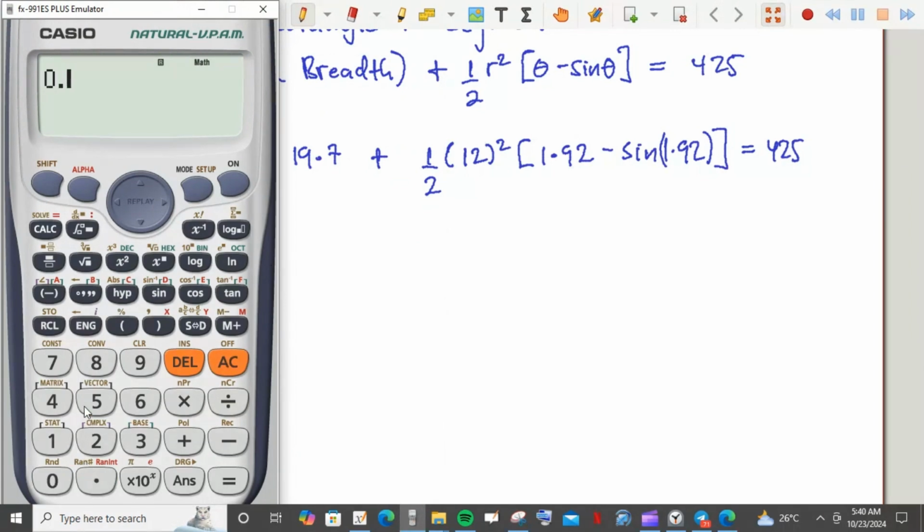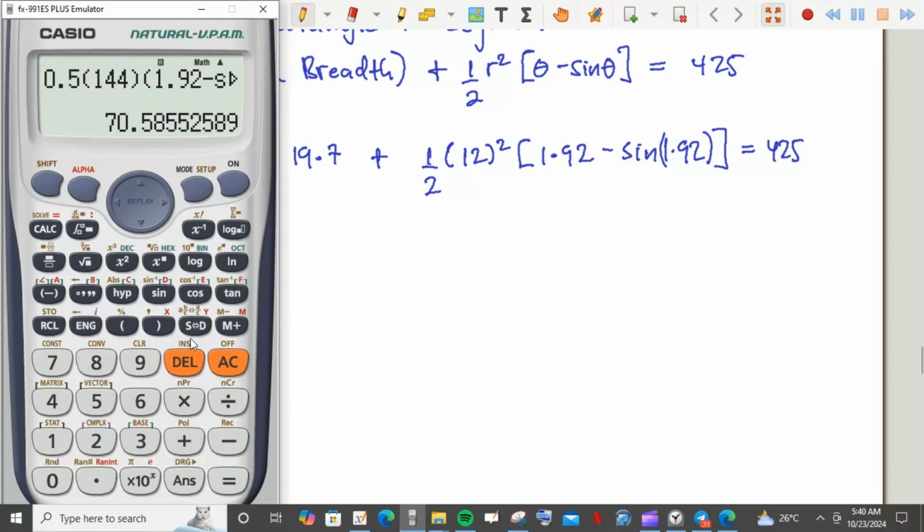So this is 0.5. I'm calculating the segment 144. My calculator is in radians, so I don't want to cry after the paper.